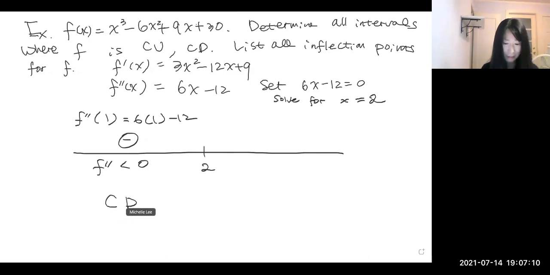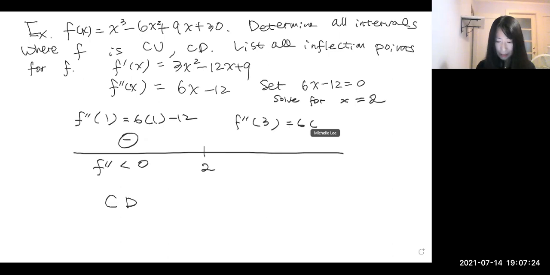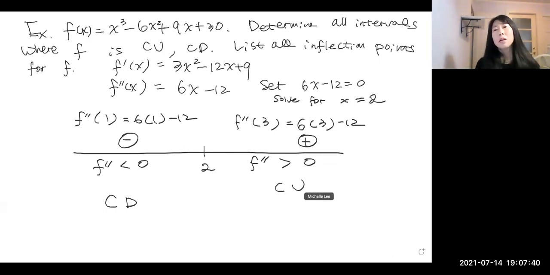Then after 2, what do you want to pick? It's up to you. 3. Now we plug in 3 there. It's positive, good. Then f double prime is greater than 0, which is concave up. So since the concavity changes at 2, we call this the inflection point.